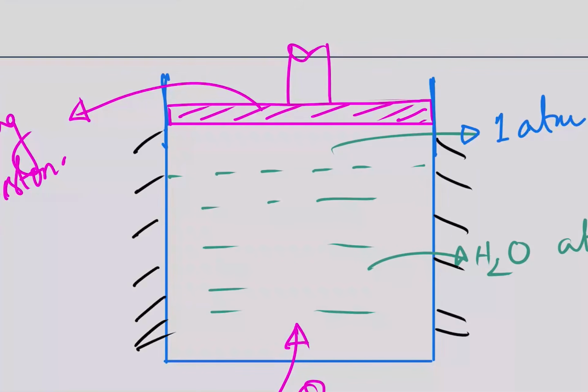And if we don't assume the process to be quasi-static, then what will happen? Then the pressure which we assumed as 1 atmospheric pressure initially will not be the same at every intermediate point. So what is a quasi-static process?